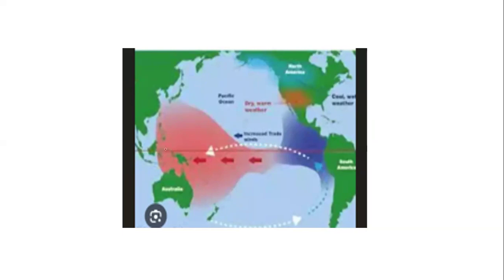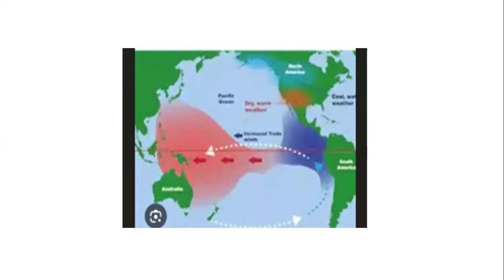And it's a low pressure area here. Air is warm, and in warm air convection currents are set in, and it gives heavy downpour, heavy rainfall along the Australian side and the northeast along the Indonesian part.